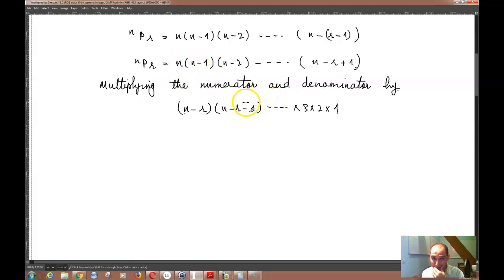Now the next term over here, suppose that this is n minus r minus 1, then the next term would be n minus r minus 0, right?